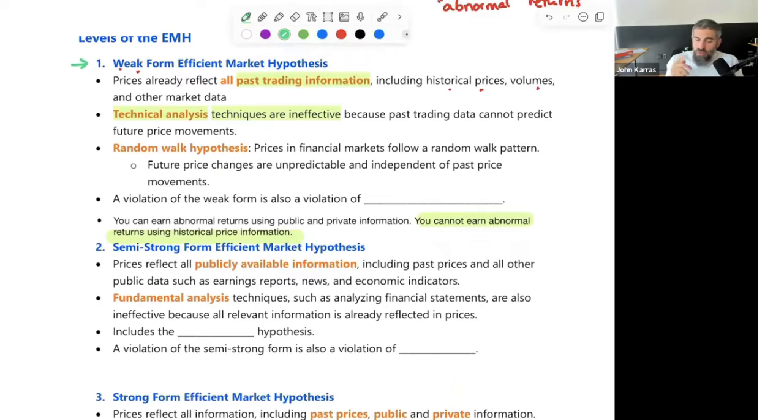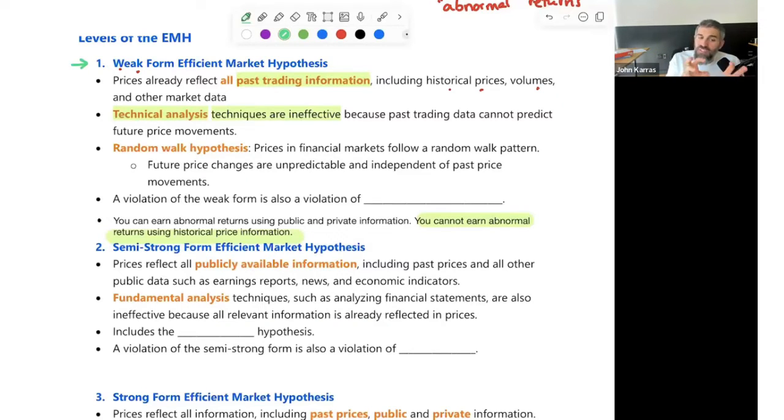So a company releases their quarterly earnings. That's news. Some event happens, like the war or COVID, or changes in the interest rate, or a tweet by Elon Musk, right? Anything that is publicly available falls into this category of public information.